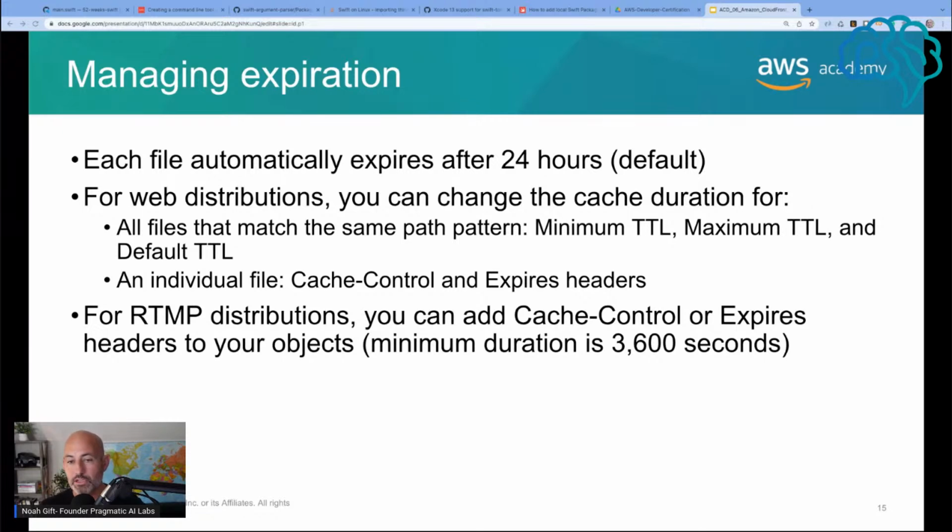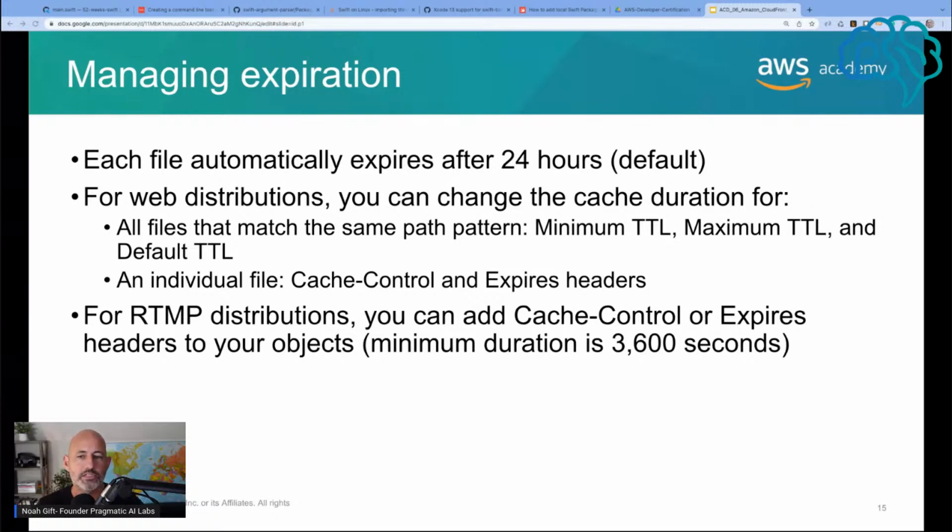And for web distributions, you can change the behavior in a couple ways. So you can change the cache duration using things like minimum TTL, maximum TTL, default TTL to change the cache duration for an individual file. You can also configure the origin to add a cache control or expires header.